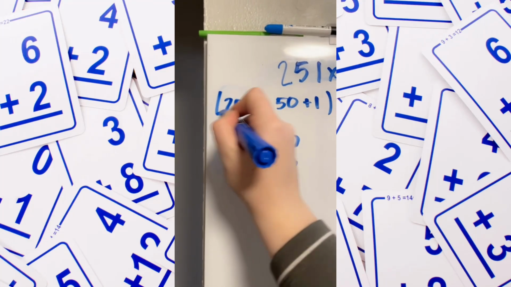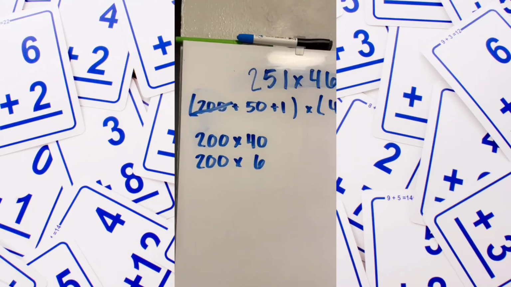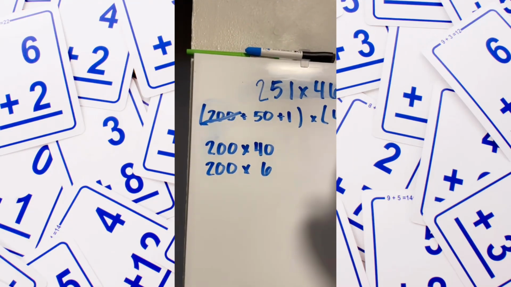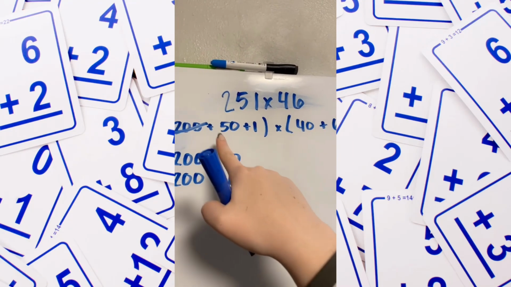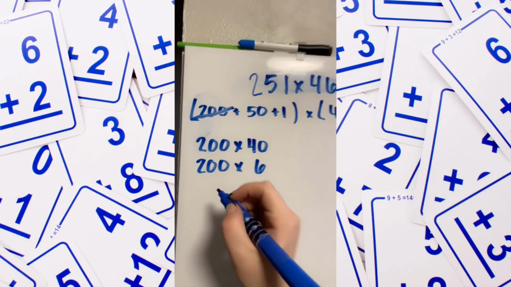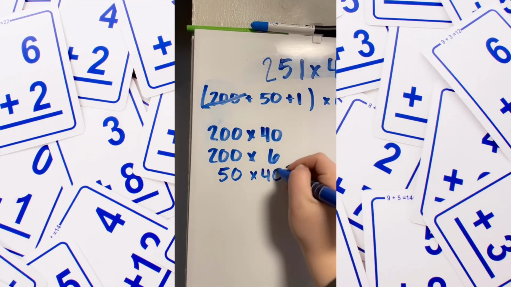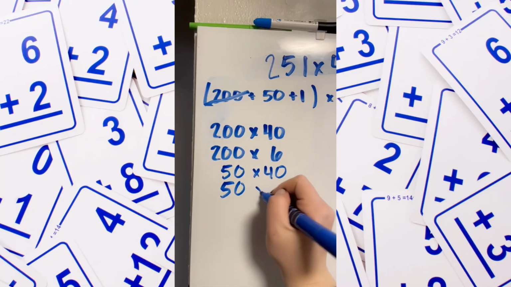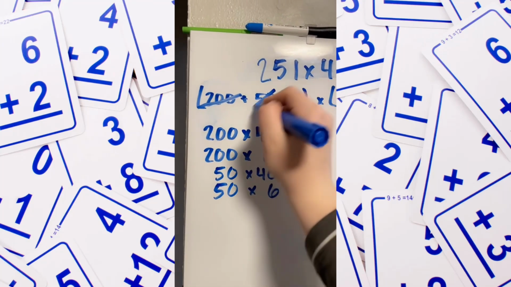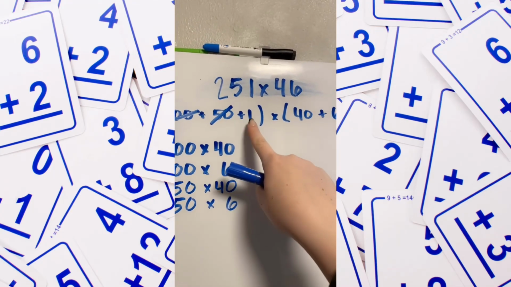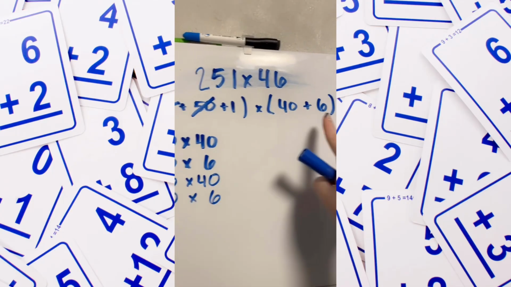Then I'm done with my 200. I'm going to cross it off so I know I'm done. Now I have to do my 50 times 40 and my 50 times 6. Now I have 1 left. I have to do 1 times 40 and 1 times 6.